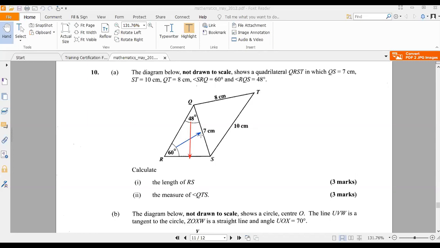So whenever you have that type of triangle and you see the matching pair, then most likely you can use the sine rule.